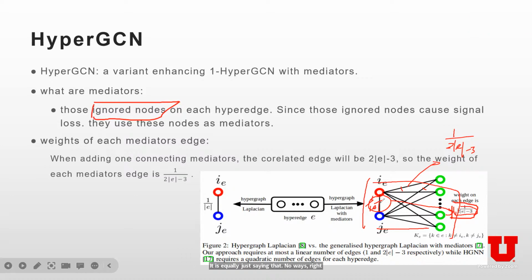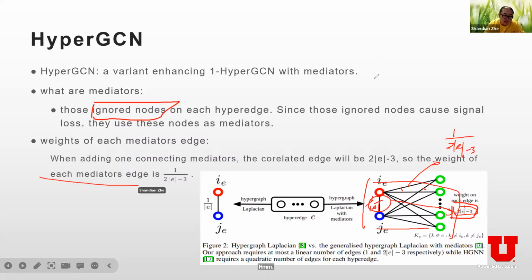So I'm thinking the weights here are only for mediators, not the hyperedge weights. Yeah, what is the hyperedge weight? I think the paragraph here is saying that when adding connecting mediators, the correlated edge will be this many, right? 2 size E minus 3, so the weight of each mediator's edge is this.